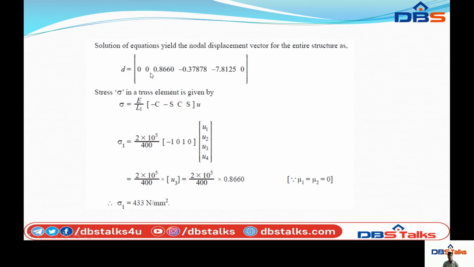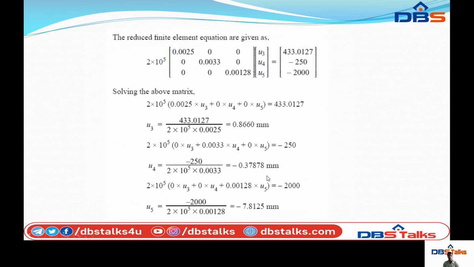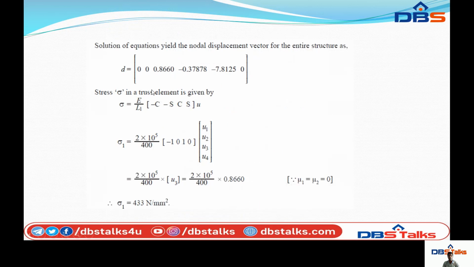In the problem, they asked to find the nodal displacement vector. For that, I am taking the displacement vector D equal to U1, U2 up to U6 transpose. I have calculated the values of U3, U4, U5, and U6 is 0.